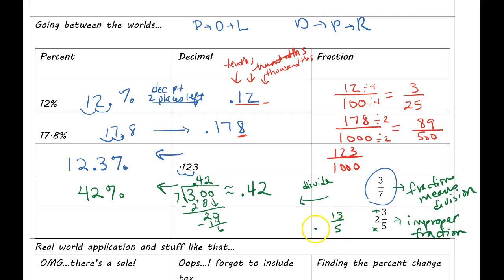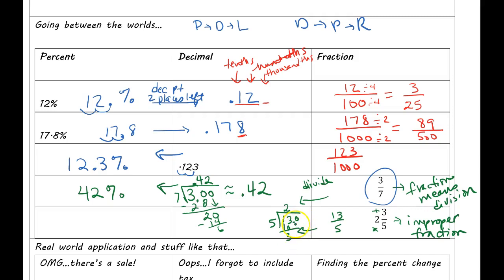Now you're going to have to work backwards, so we'll do what we did a second ago. 13 divided by 5. 5 goes into 13 twice. Bring down the 3, and 2 is just not a very good number to have, so now we could add one more decimal place maybe.